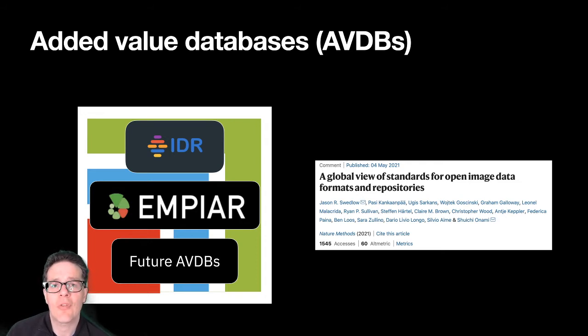And the two that the BioImage Archive supports, and actually both of them predate the archive itself, are the IDR and Empire, which are also participants in this session, and so we will talk together about some of our challenges. But we expect that there will be future added value databases that we'll support. And if you're interested in finding out more of this model of core archive and added value resources, then there's a recent publication in Nature Methods, which, among other important things, talks about how this model can, should, and is working.